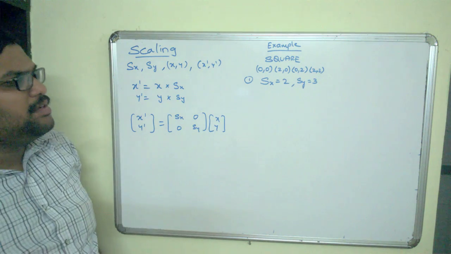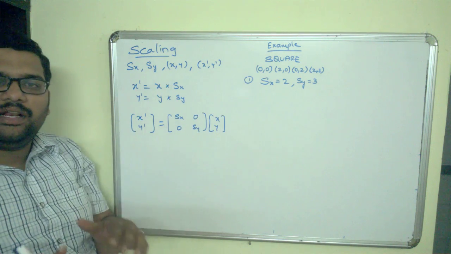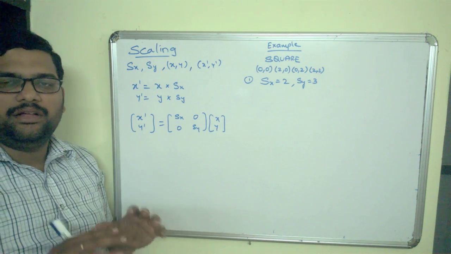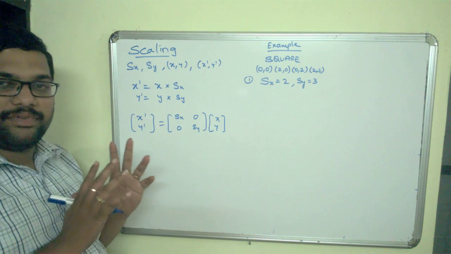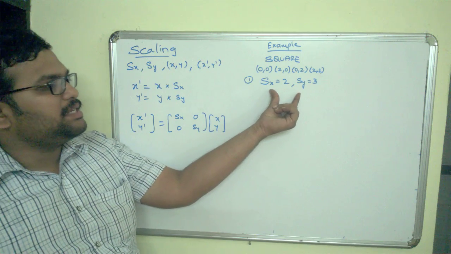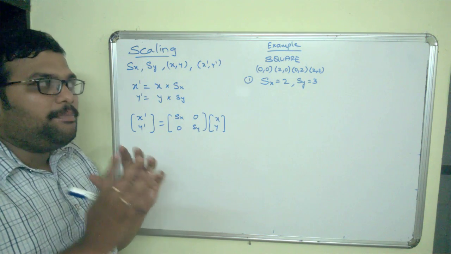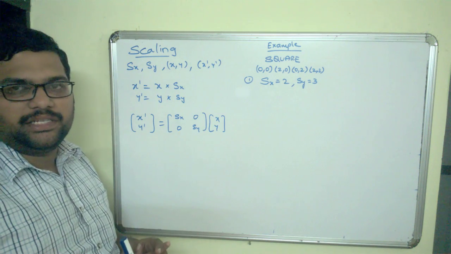In this case, both the scaling parameters are greater than 1, so automatically the size of an object will increase. So the size of a square will increase. And one more thing, here Sx and Sy are not equal. That means the shape of a square also changes.